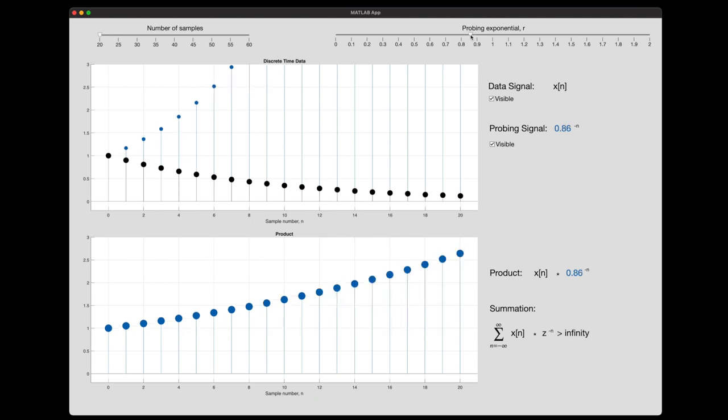Even in this example, if our data only has these 20 samples, you can imagine that the summation of this blue line here is very much not infinity. So we can't tell if we've matched the exponential content of a finite signal by looking at when the result goes to infinity, unless we make an assumption about what the data is doing for the rest of time.